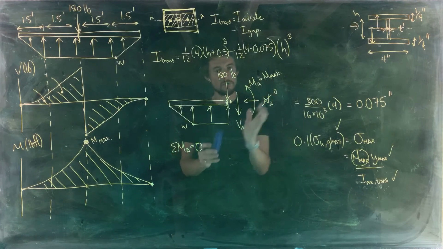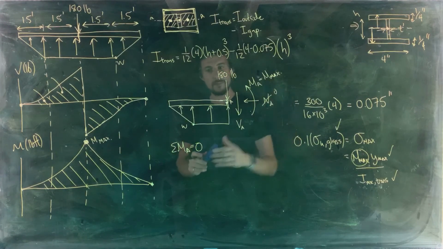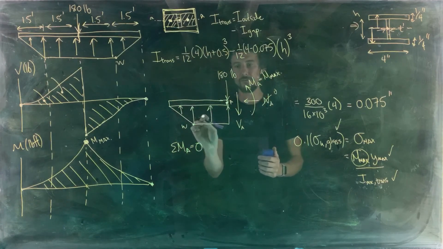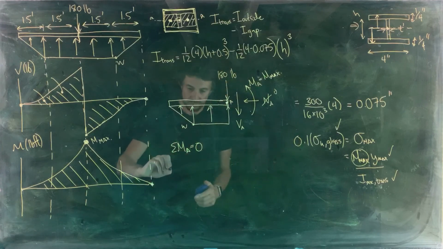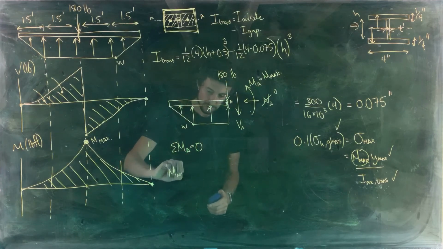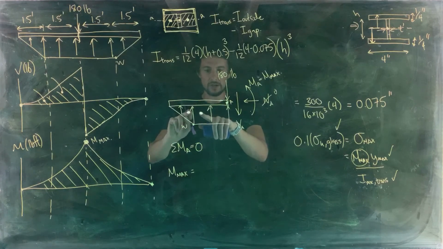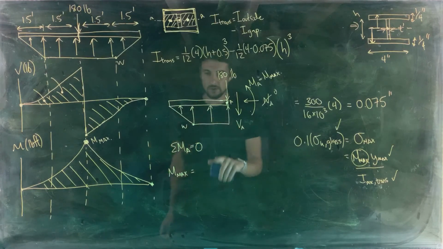So you see, around in one direction we have M max, around the other direction we have the moment from the resultant force on the snow. So we've got M max has to be equal to the moment caused by this force here. So what do we have?